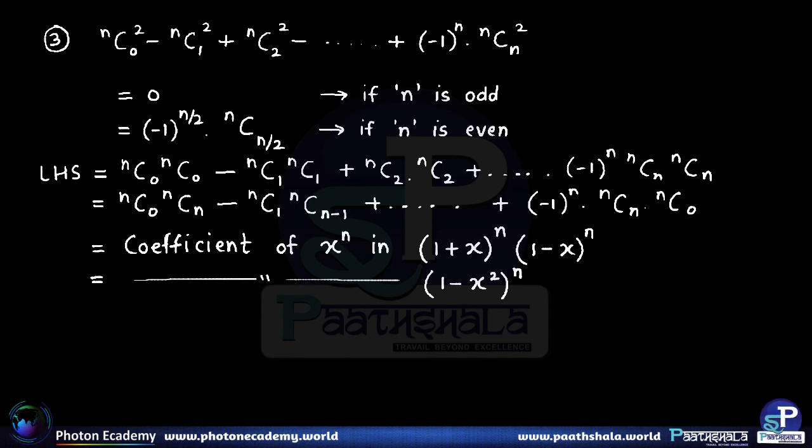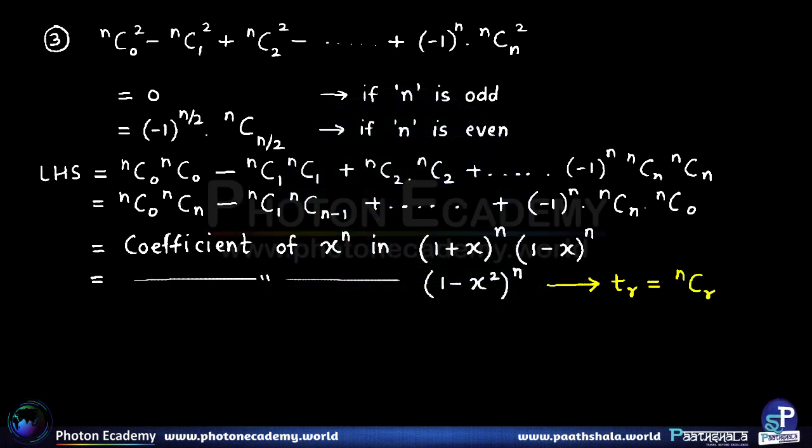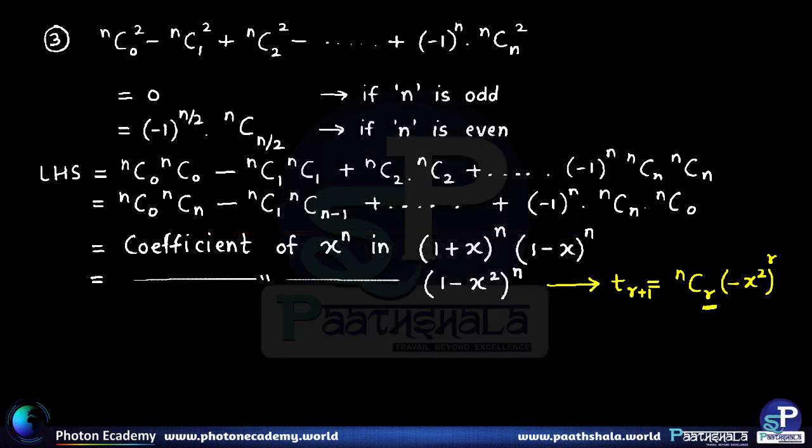Now if we consider a general term in this particular expansion, say T(r plus 1), this will be equal to nCr into (minus x square) the whole raised to r, because here we have to consider the general term as r plus 1 if we are writing r in the right hand side. Alright, so this is how the general term appears.